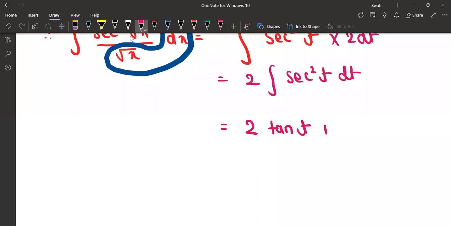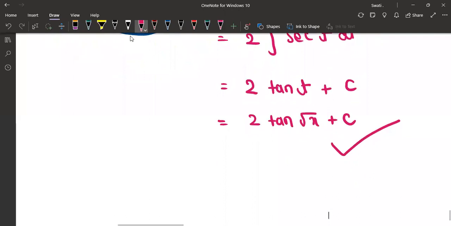So 2 tan t plus the constant of integration, that is c. But what was t? t was nothing but root x. So substituting the value of t, it will become 2 tan root x plus c. And that's the answer.